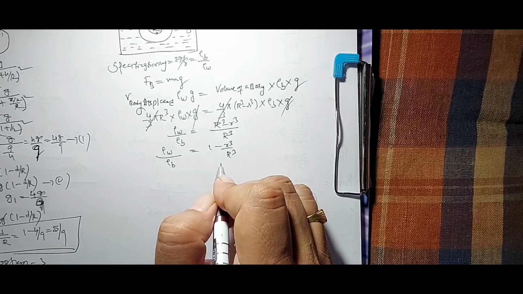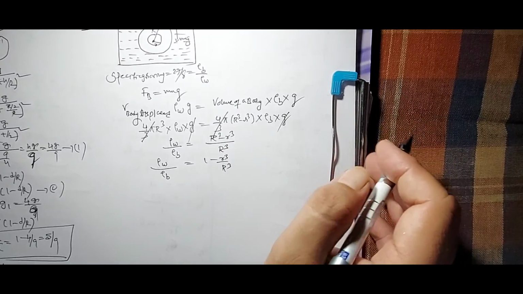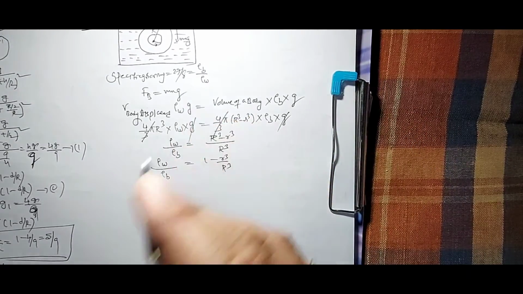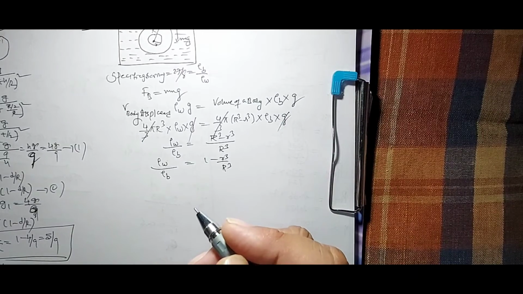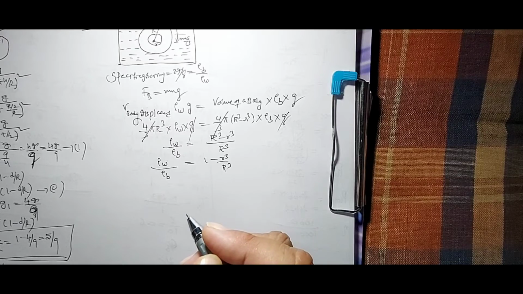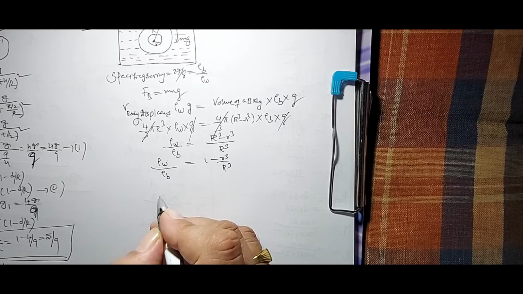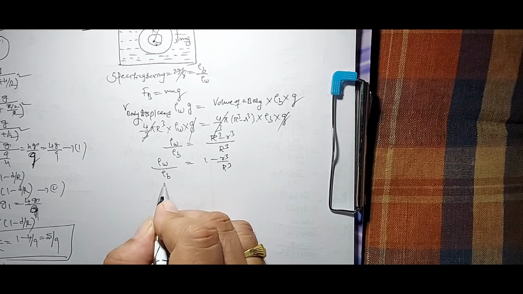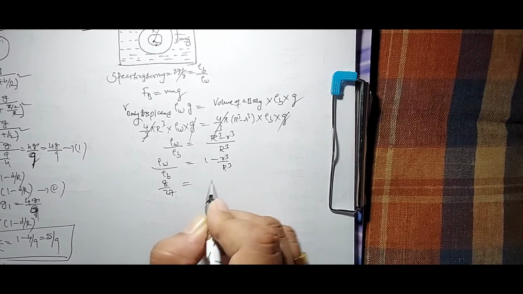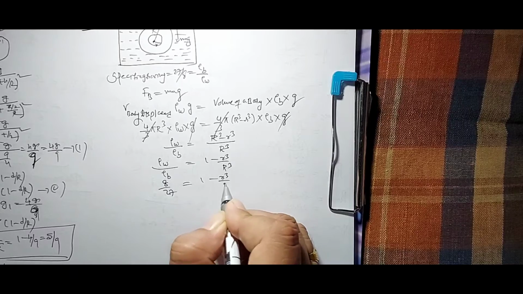Rho w by rho b, that means rho b by rho w is equal to 27 by 8. Now here what we get, 8 by 27 is equal to 1 minus (r by R) whole cube.